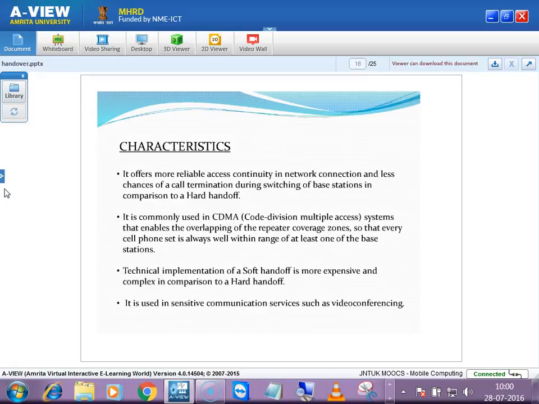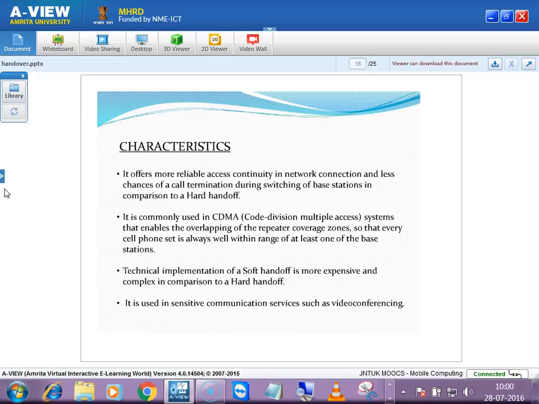And coming to the characteristics, it offers more reliable access, continuity in your mobile call or whatever data access you are doing, and fewer chances of call termination during switching of base stations compared with hard handoff. In hard handoff, you are breaking, and there may not be resources available, or you may not establish connection with the target base station.